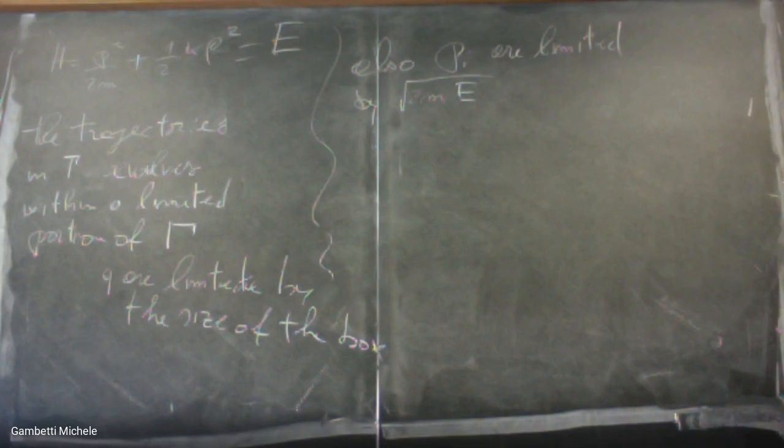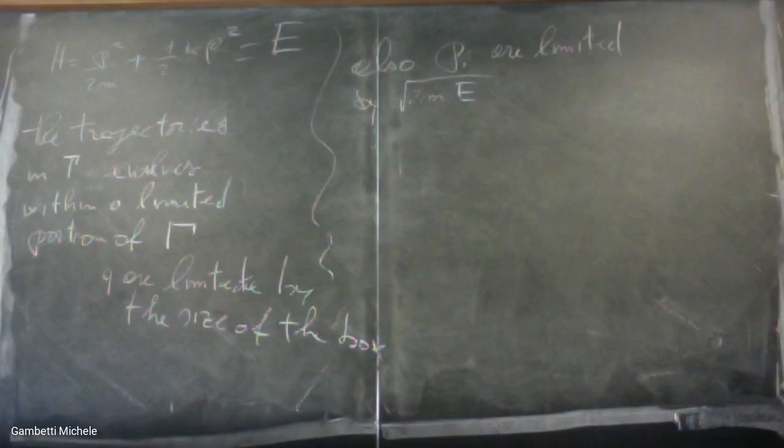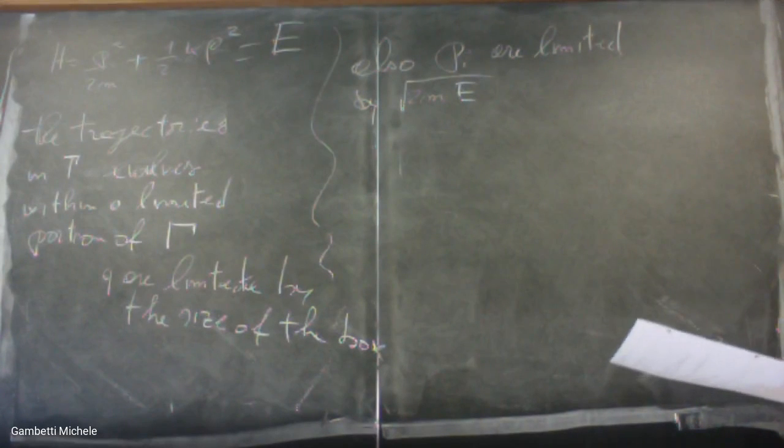So these are the two features of the trajectories. They are limited in the phase space; they can explore only a portion of the phase space. We do not have any intersection.